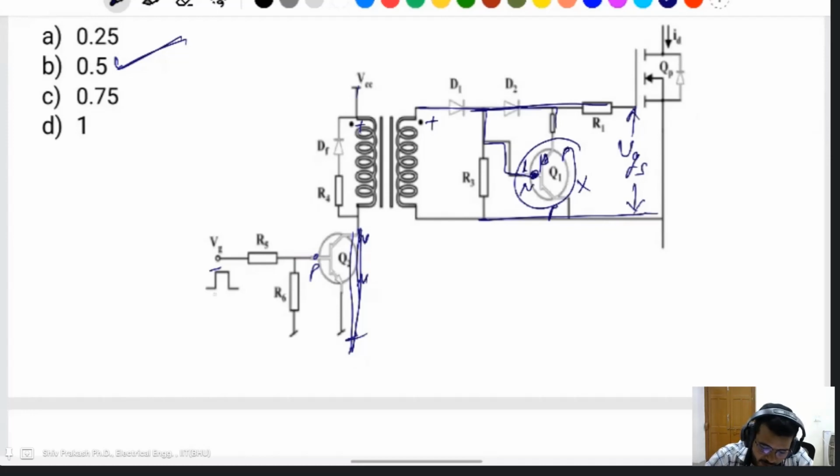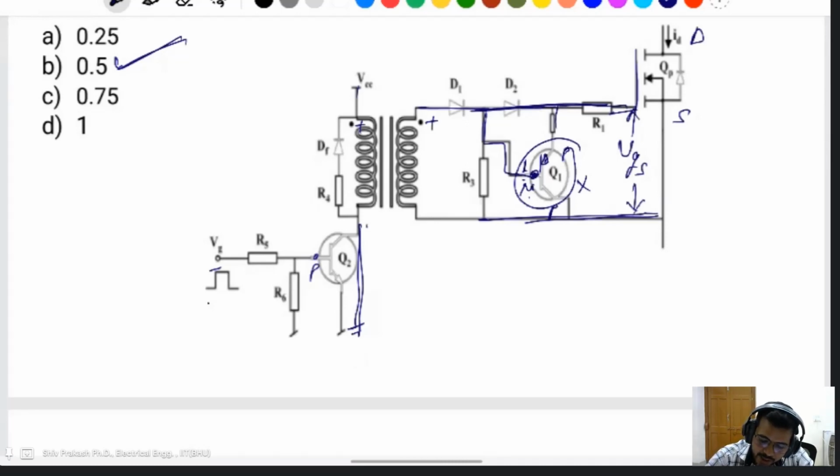This one is on, this is high, this will also be high. Q2 will be turned on, it will be a short circuit, energized, this positive terminal directly connected to the gate. This is the gate terminal, this is the drain, this is your source. This is the same, so the base of the PNP transistor is high, that's why it will be turned off. The same voltage appears on VGS, and it means in on time Q1 will not be working.